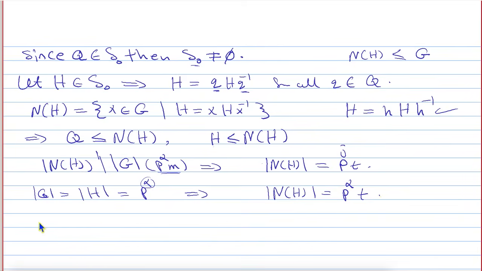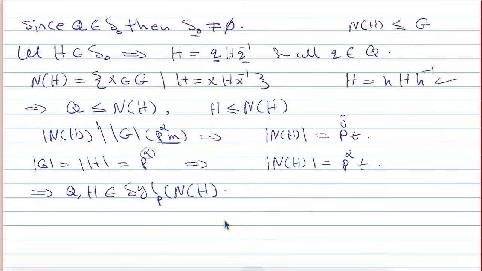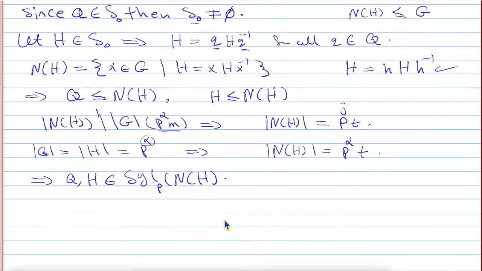Okay, and therefore both Q and H must be Sylow b subgroups of the normalizer, right? Because their order b to power alpha is the highest power dividing the order of the normalizer. So Q and H are in fact in the set of Sylow b subgroups of the normalizer of H. Okay, and now we apply Sylow's second theorem to deduce that Q and H are conjugates.